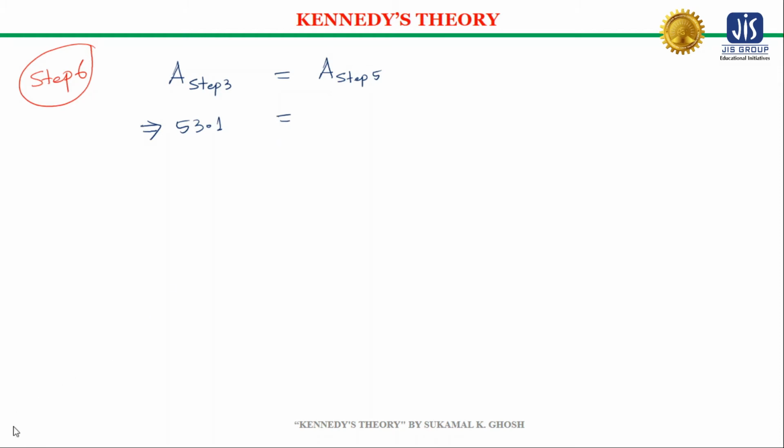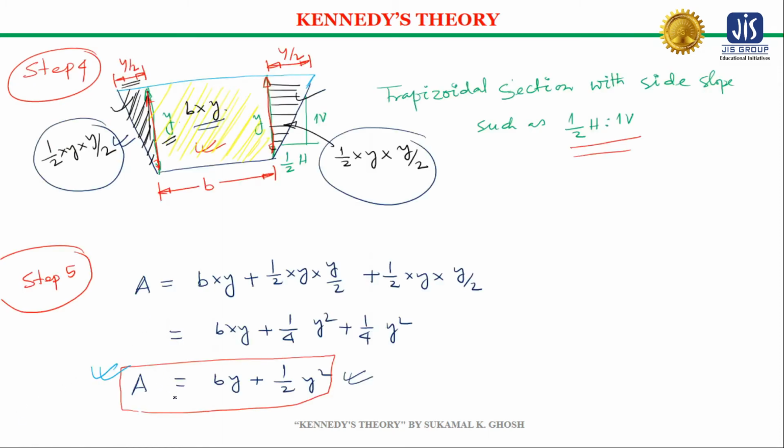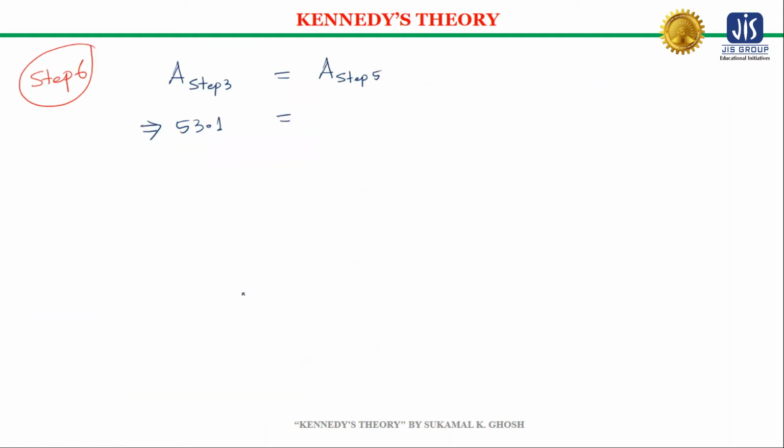In step 3 we have got the value of area as 53.1, right? And in step 5 we have got this expression for area A. It will be b into y plus half into y square. Now it will be 53.1 is equal to b into y. The value of y we have assumed is 2, right?